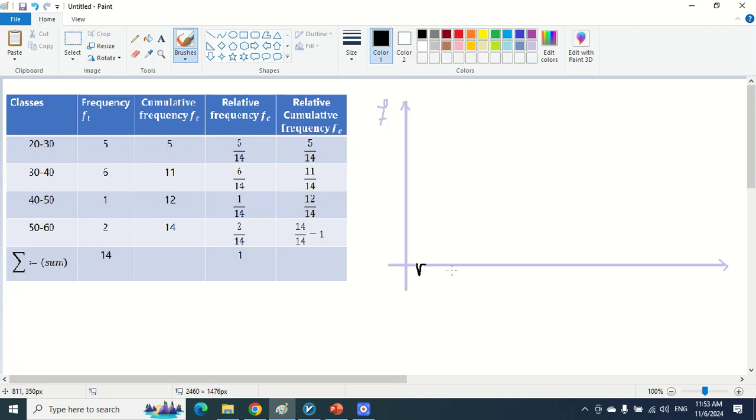It's important that you put some gap over here to show that. Then we put the borders of the classes. It starts from 20, so I put 20 over here. The next is 30. The next ones are 40, 50, and 60.